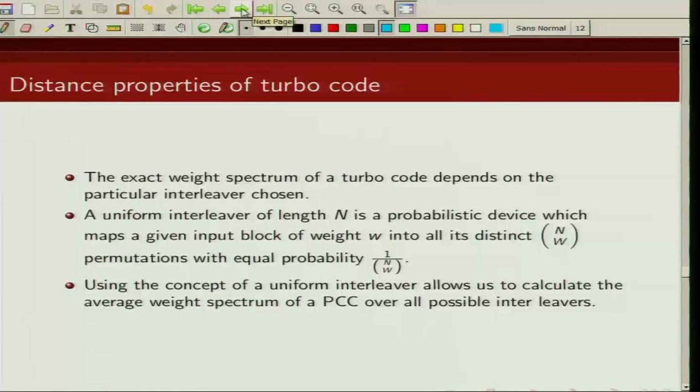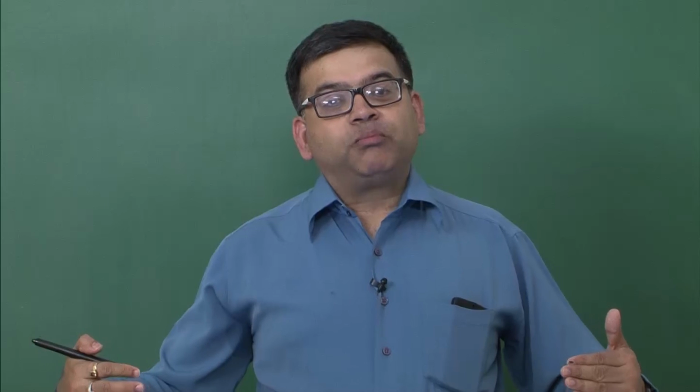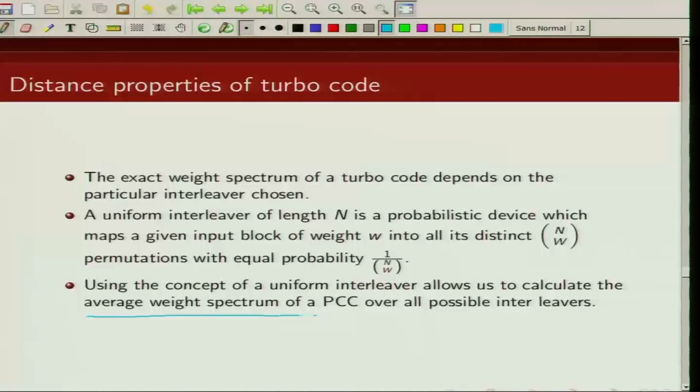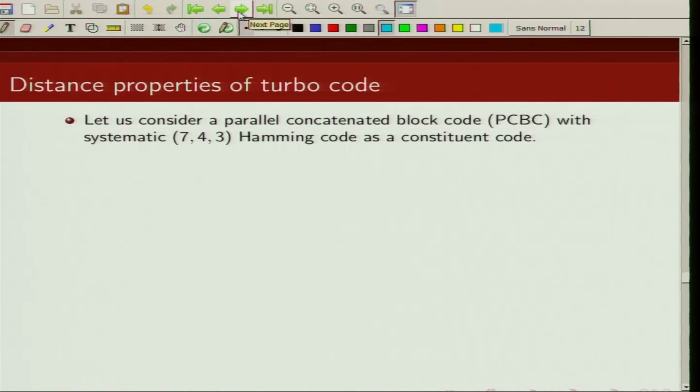So, how does the uniform interleaver concept help? Now we can come up with a weight distribution averaged over all possible interleavers, and this helps us compute the average weight spectrum of parallel concatenated codes. Again we are going to take a very simple example.